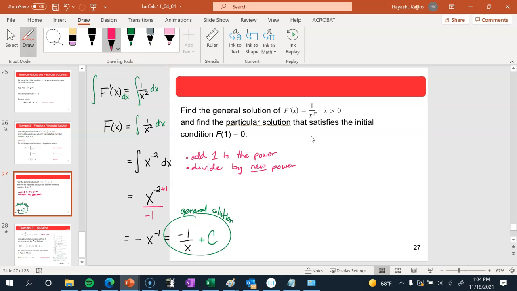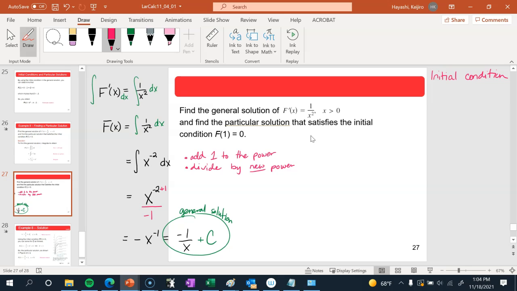But we do have an initial condition here. We have the initial condition that big F, if you plug 1 into it, it equals 0. So we'll do that. We'll take big F, which, by the way, is this. And we'll try to solve for what c is.